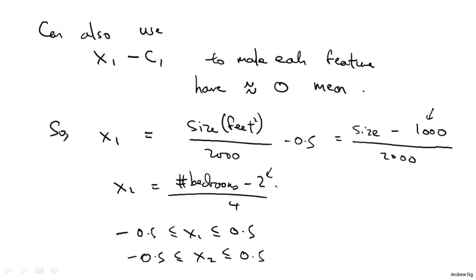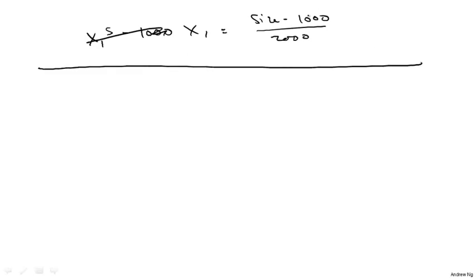Again, it's fine if these numbers are a bit off, but if x1 and x2 have roughly 0 mean and a range of values of about 1, it'll usually help gradient descent converge a little bit faster. Of course, rather than plugging in the value 1,000, you can set x1 to be (size minus mu1) over s1, where s1 is a scaling factor.